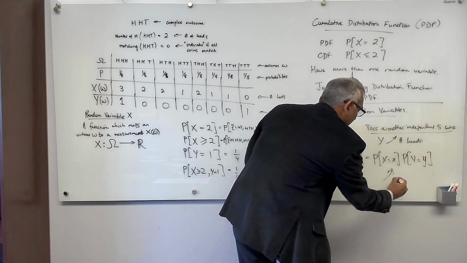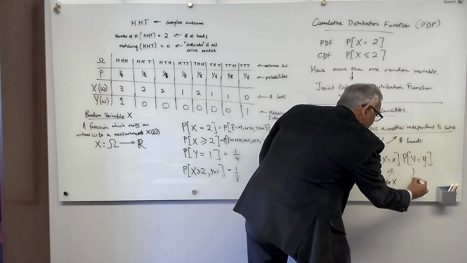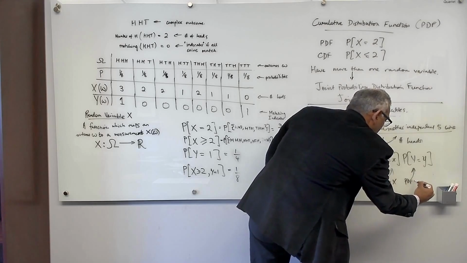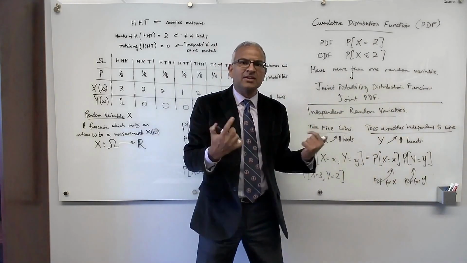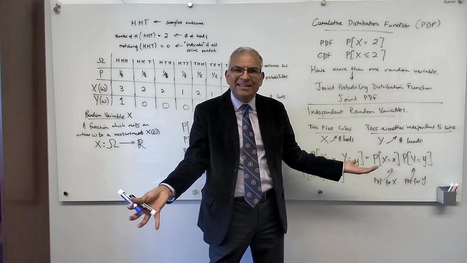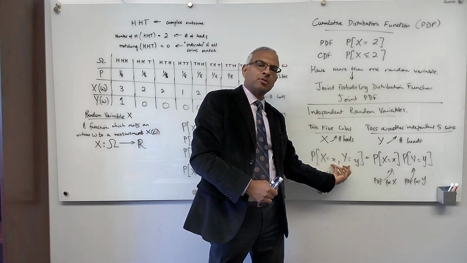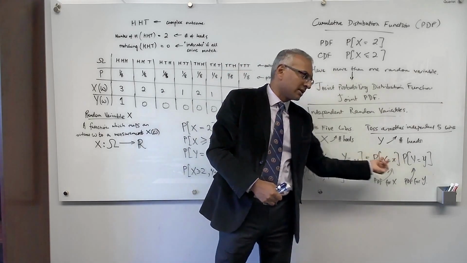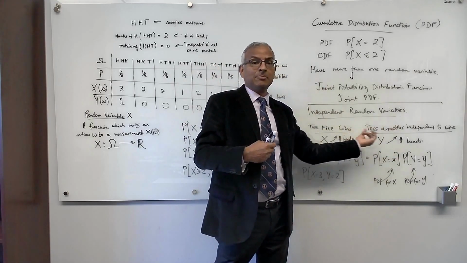This is the PDF for x, and this is the PDF for y. And we say that the random variables x and y are independent, because we can compute the probability of an "and" using a product. That's especially the case when the experiments are totally independent, like here.